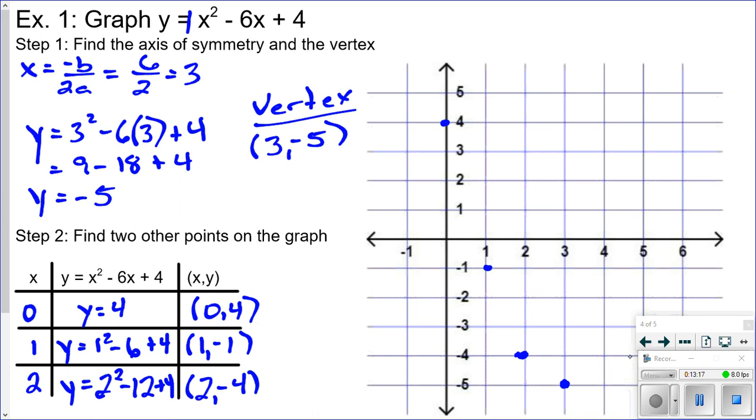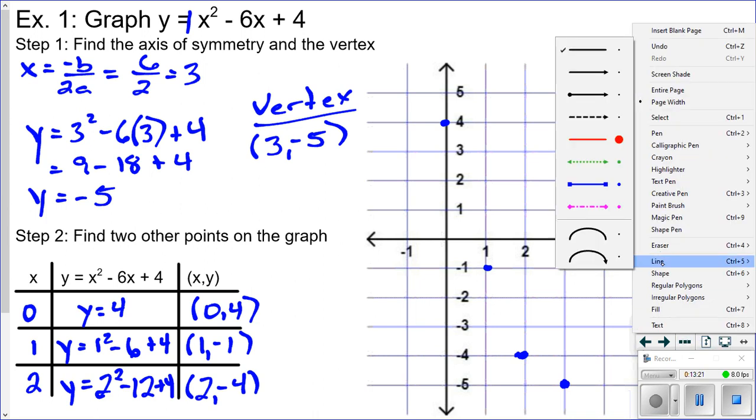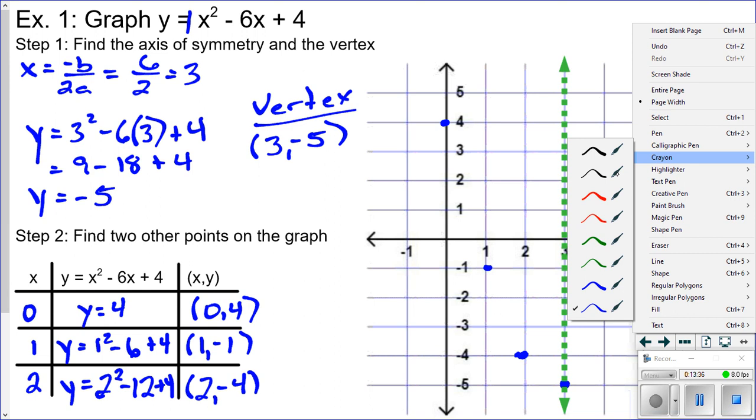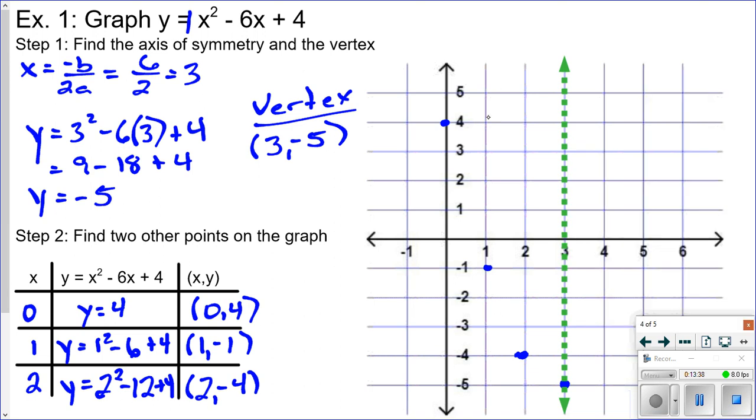So let's go ahead and add a dashed line in here for the axis of symmetry. I think this will make this easier to see. All right, we'll do that. So here's my axis of symmetry. I can get my blue here. So if you look over here, this point here, I want to mirror that on the other side. Well, how do you do that?